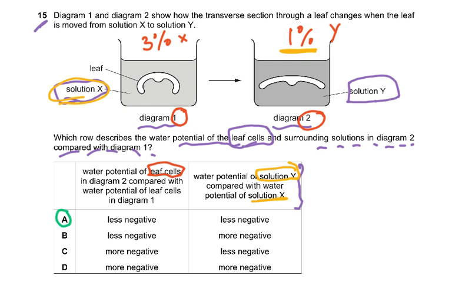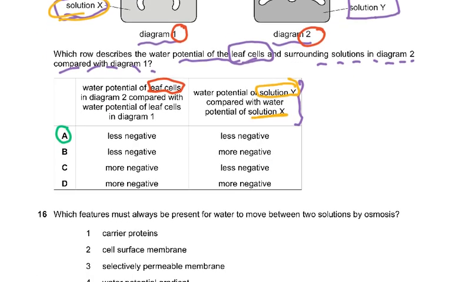They compared Y with X, while in this one they compared leaf cells in diagram 2 with diagram 1. So you have to see how the leaf cells change and how solution Y was as compared to solution X. So this was something which you had to understand.